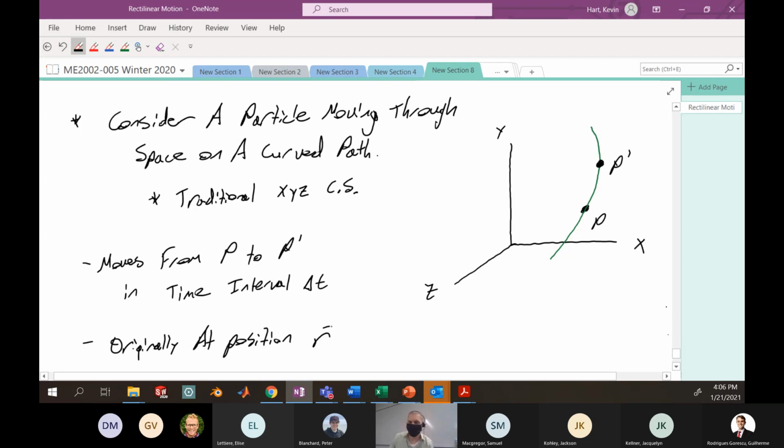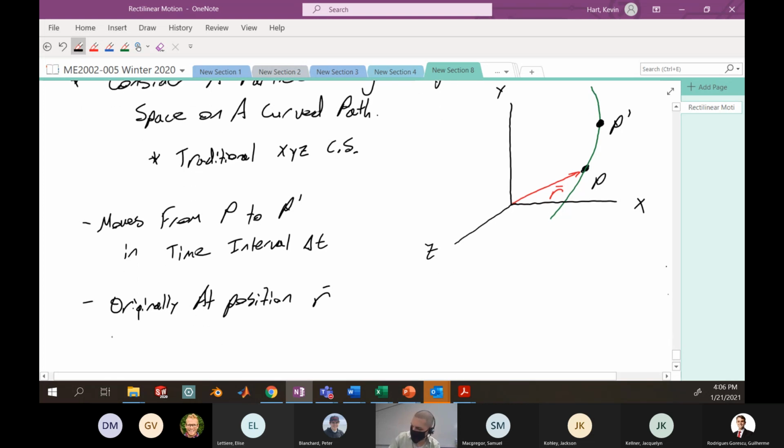So in this image, if we're thinking of a traditional position vector emanating from the origin, here's my position vector r that locates P. And it moves to, let's say, r prime. So moving here.